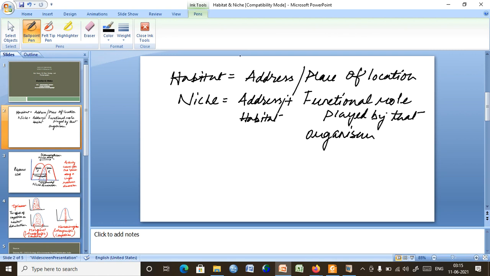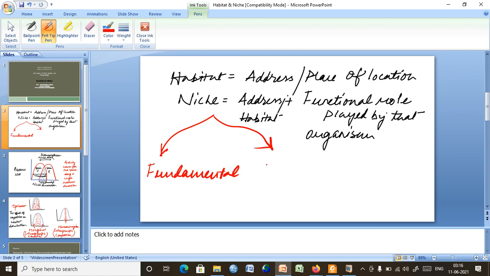Now, the niche is basically of two types. The first one is known as the basic or the fundamental niche. And the second one is known as the realized or restricted niche.